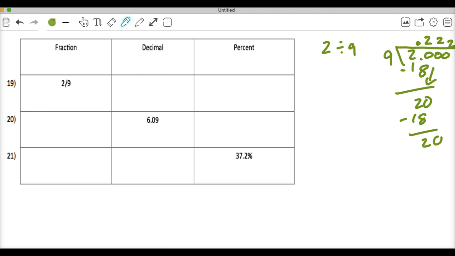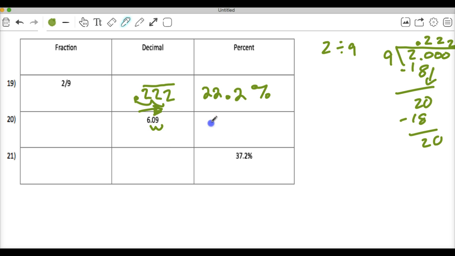So this is going to be 0.222 repeating. So my percent will be moving my decimal 2 places to the right. So that's going to be 22.2%.